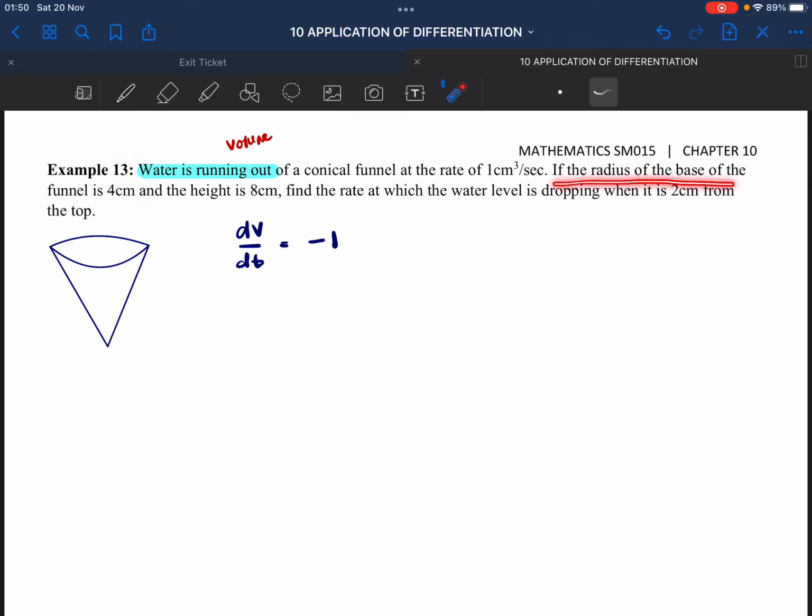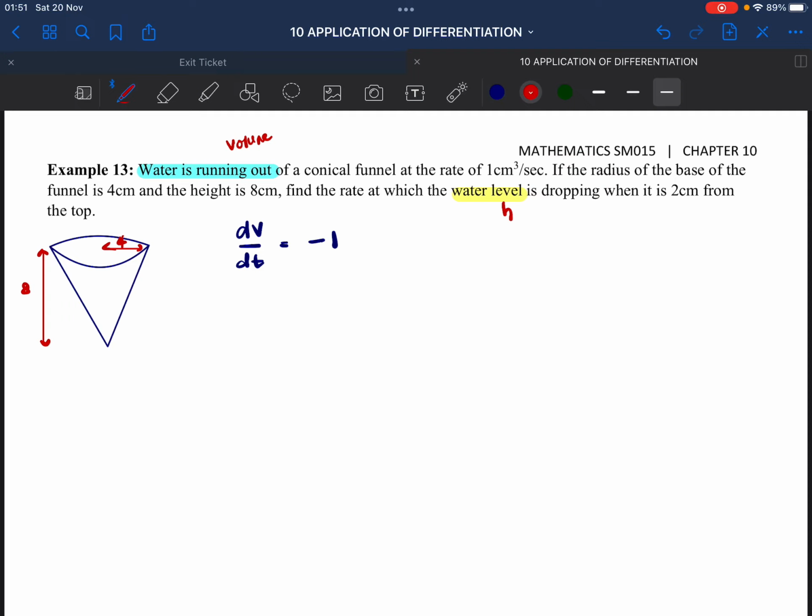If the radius of the base of the funnel is 4 centimeter, so the base here is 4 centimeter, and the height of the funnel is 8 centimeter. Find the rate at which the water level, which is actually your h, is dropping when it is 2 centimeter from the top.